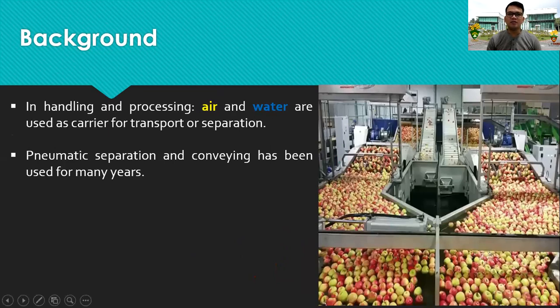If you have observed, there are some factories and industries, particularly in food processing or food preservation, even in the market, that have transporting equipment that utilizes air and water to transport the agricultural produce from one place to the other.